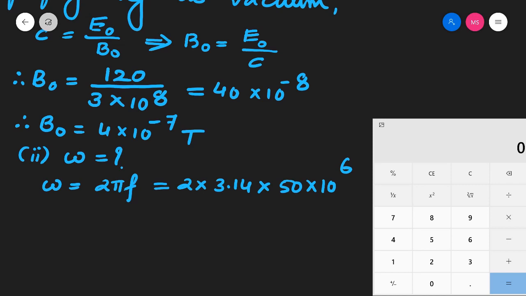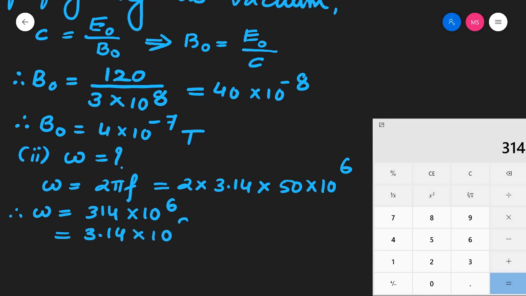So 2 into 3.14 into 50 will give you 314. So therefore omega will be equal to 314 into 10 to the power 6 radian per second, or you can write this as 3.14 into 10 to the power 8 radian per second.